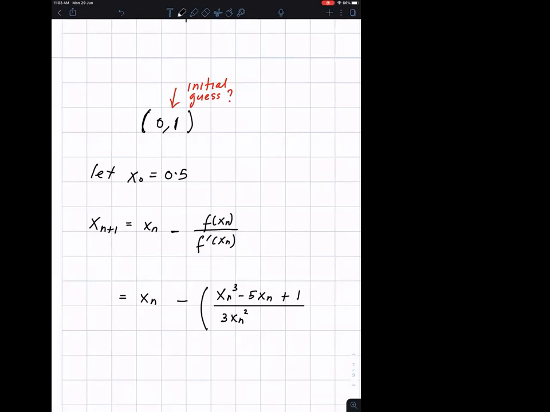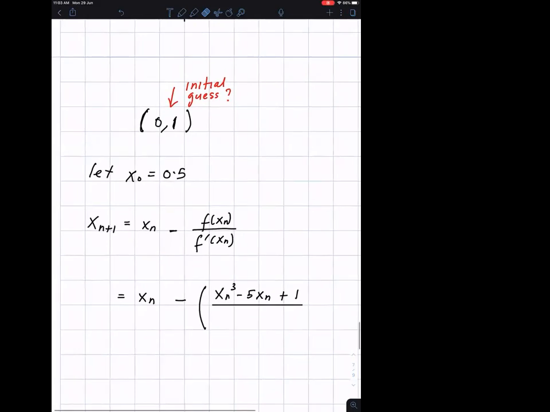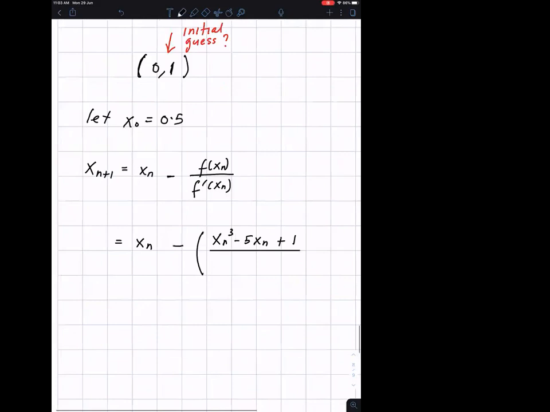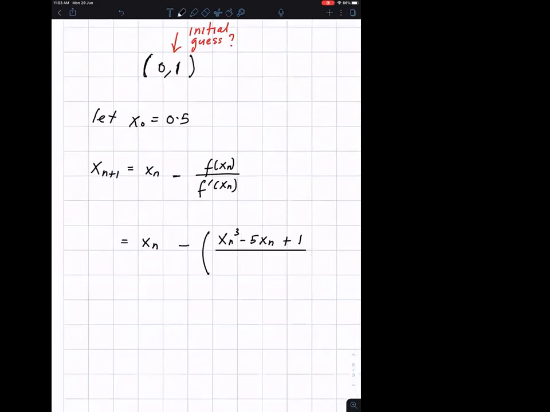And then, what is the derivative of this? Remember, this is f(xn), right here. So what is the derivative of f(xn), f prime xn? The derivative of the numerator is 3xn squared minus 5. Okay.